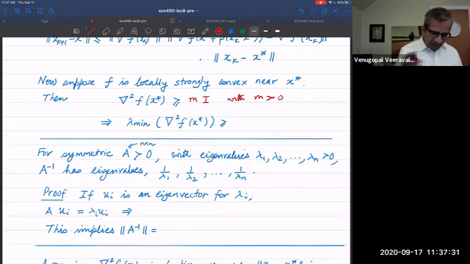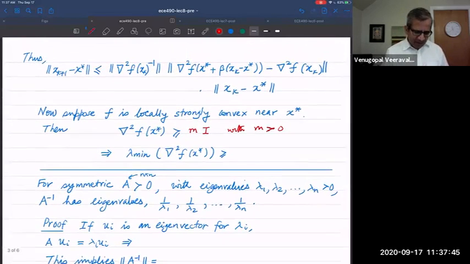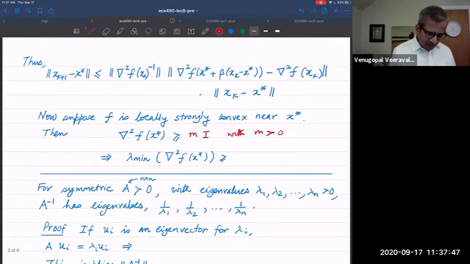So if I have this Hessian being lower bounded by M times I, I know the minimum eigenvalue, right? And why am I looking at the minimum eigenvalue? The reason is because I want the norm of this matrix. The norm of this matrix, since it's a symmetric matrix, is equal to the maximum eigenvalue of this matrix.